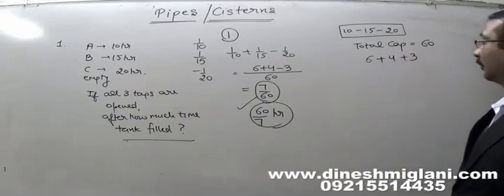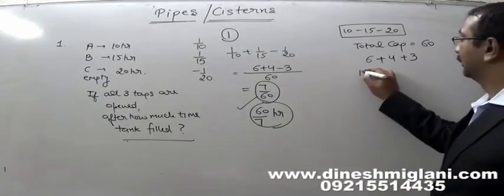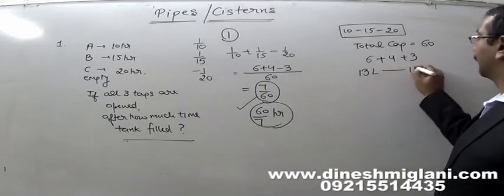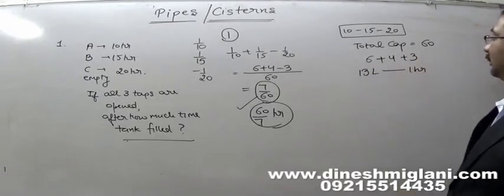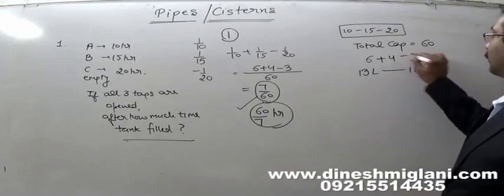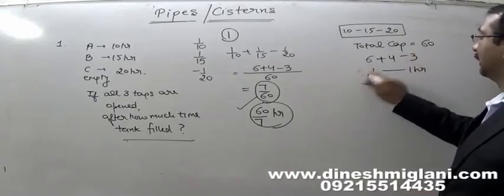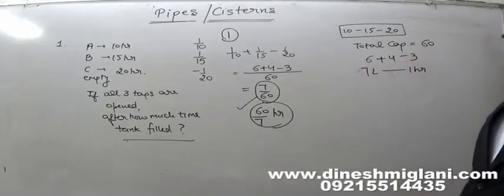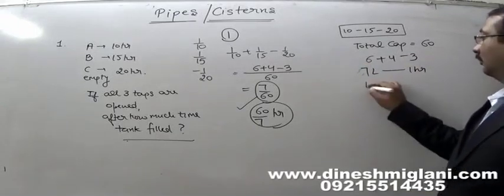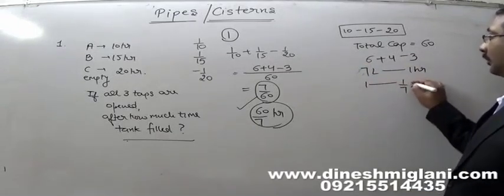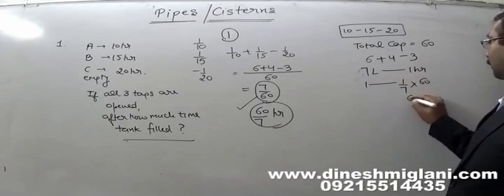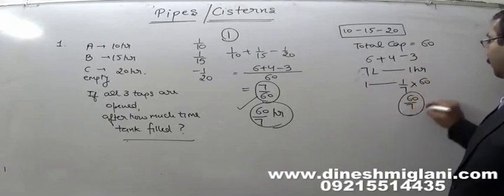Now 6 plus 4, 10, plus 3, 13. So we can say that they can fill 13 liters in 1 hour. Sorry, that is emptying, so we have to subtract it. 10 minus 3, that is 7. So we can say that they can fill 7 liters in 1 hour, and in total they have to fill 60. So the answer is 60 by 7. That becomes your answer.